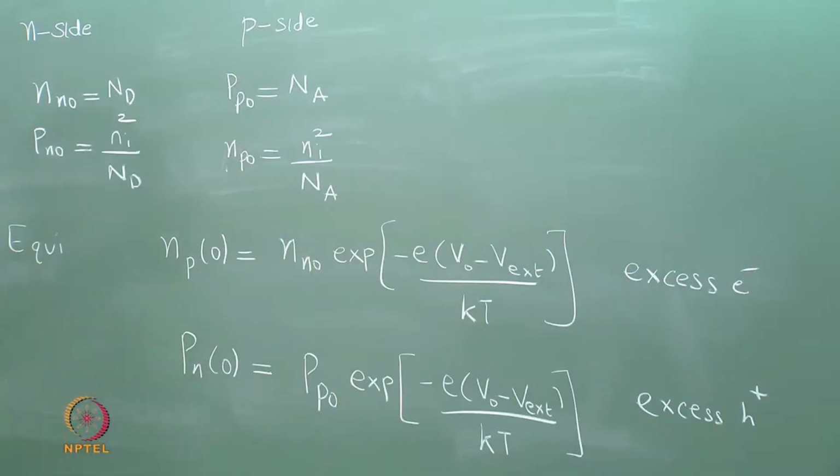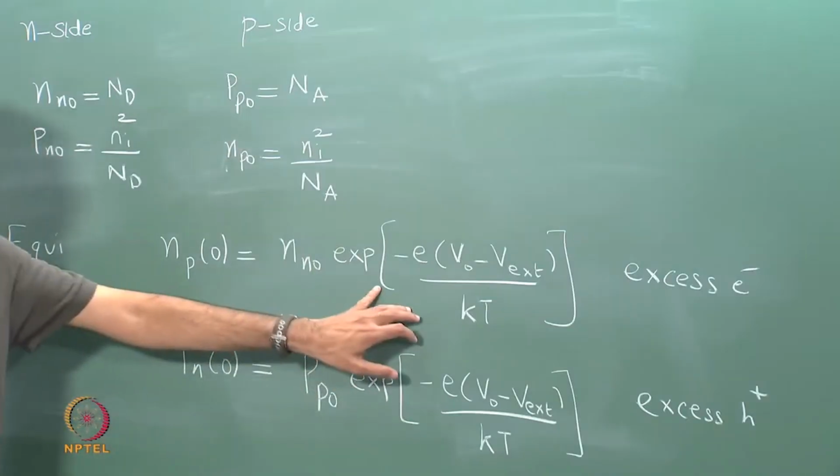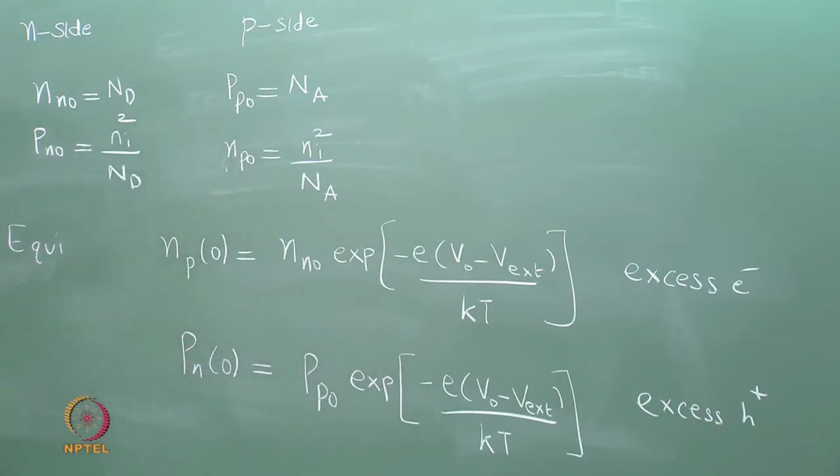So, the higher the external potential, the lower the barrier, and the higher the number of electrons and holes. These electrons and holes are still minority carriers in the p-n junction, which means they can diffuse for some distance, but ultimately they will combine with the majority carriers and get destroyed. So, we can define a diffusion length and a diffusion coefficient for these electrons and holes.